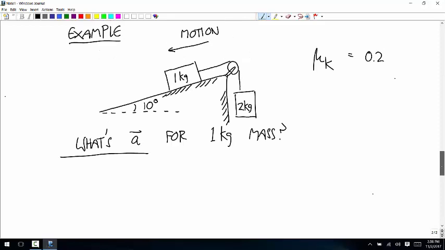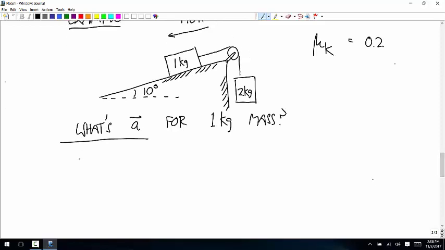Okay, so I'll start with a free body diagram of the 1 kilogram. There's a weight force. That's 1 times 9.81, so 9.81 newtons. A normal force.